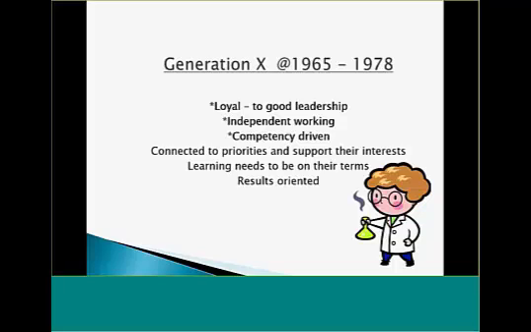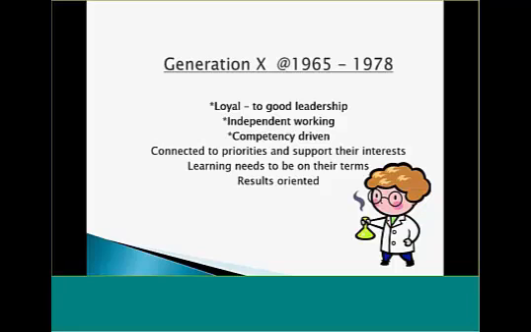I've connected my priorities and support interests that are connected there. If I'm going to be loyal to good leadership, my priorities are going to be specific to my interests, not necessarily the interests of the organization itself.